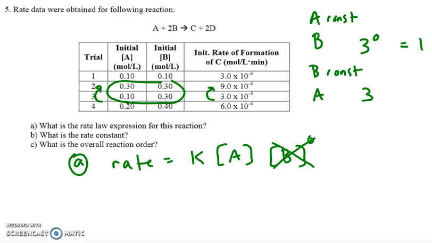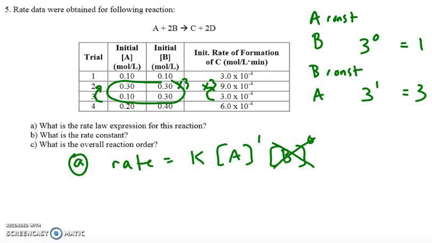We see that the rate of formation goes from 3.0 times 10 to the negative 4 up to 9.0 times 10 to the negative 4, that is a tripling. So if the tripling of the reactant causes a tripling in the rate, then that means the reaction order has to be to the 1st power.